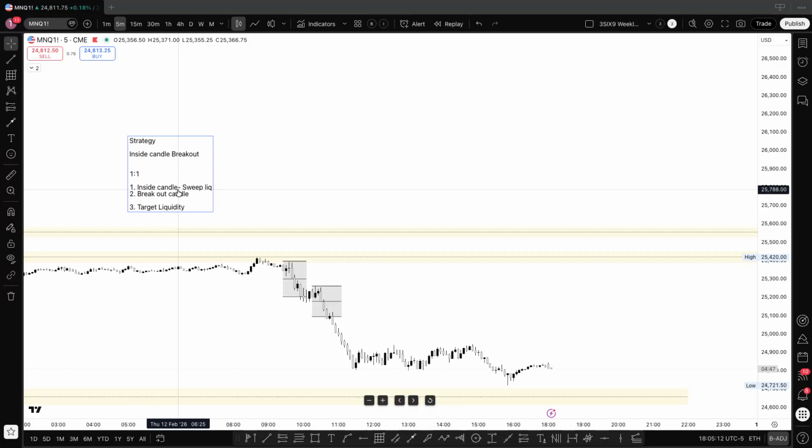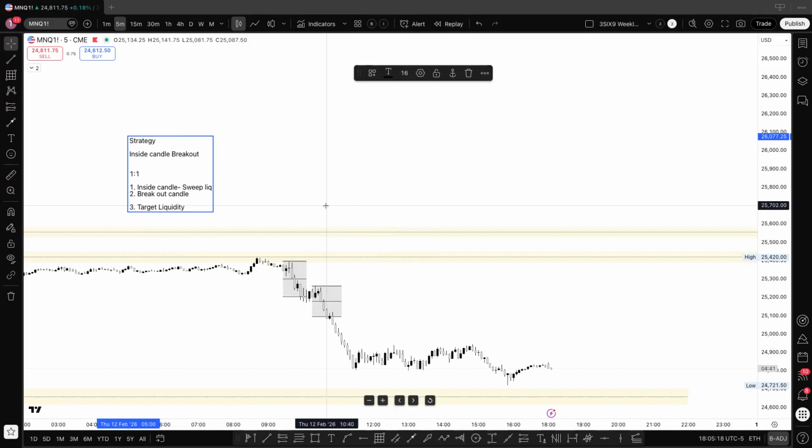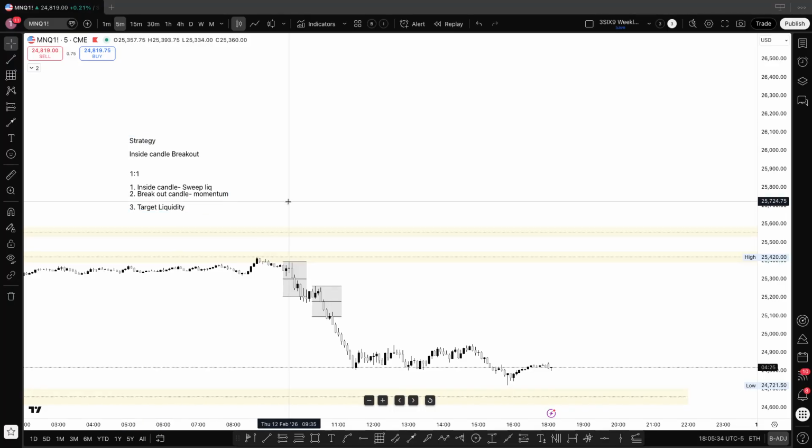It's an inside candle, which usually sweeps liquidity, and then there's a breakout candle with momentum. I should type that momentum. Hold on. And then target liquidity.